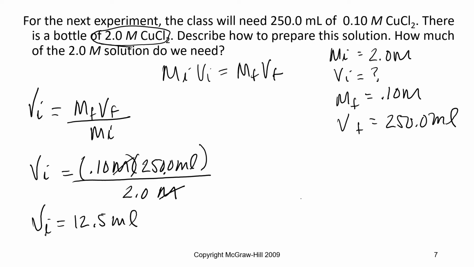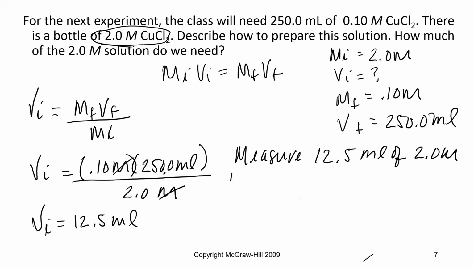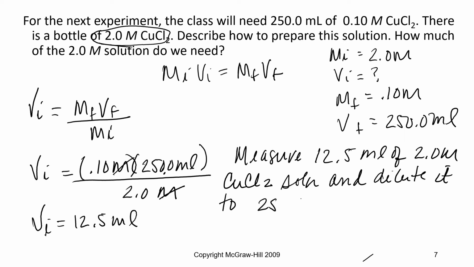So when it comes to describing how to prepare the solution, we would say we would measure 12.5 mL of the 2.0 molar CuCl2 solution and dilute it to 250 mL in some glassware.